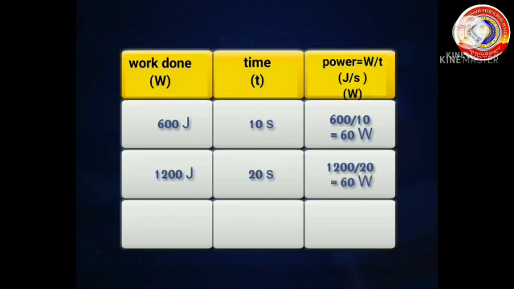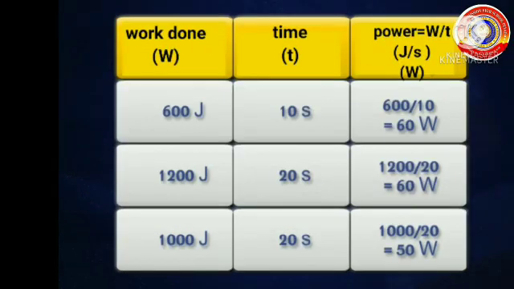So power equals 1200 divided by 20 equals 60 watt. Third one, 1000 joule is the work done, 20 seconds is the time, and power equals 1000 divided by 20 equals 50 watt. So students, from this you can understand that for finding power we have to divide work done by time. So that's about power.